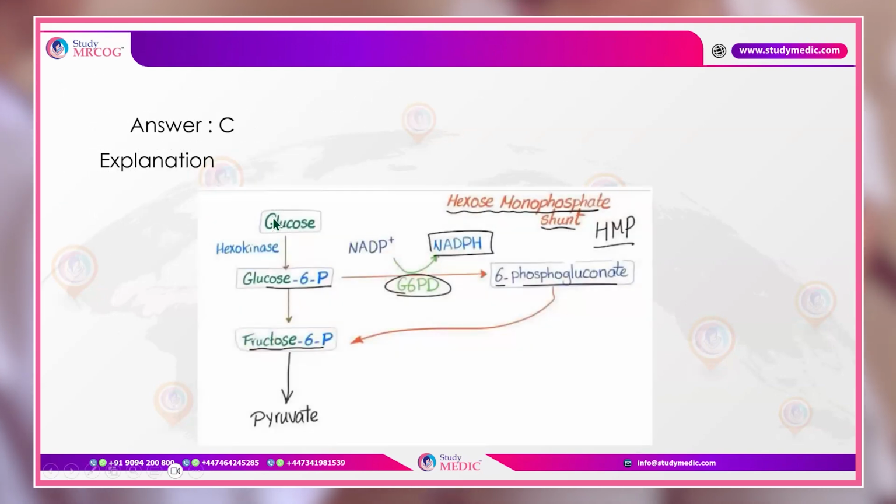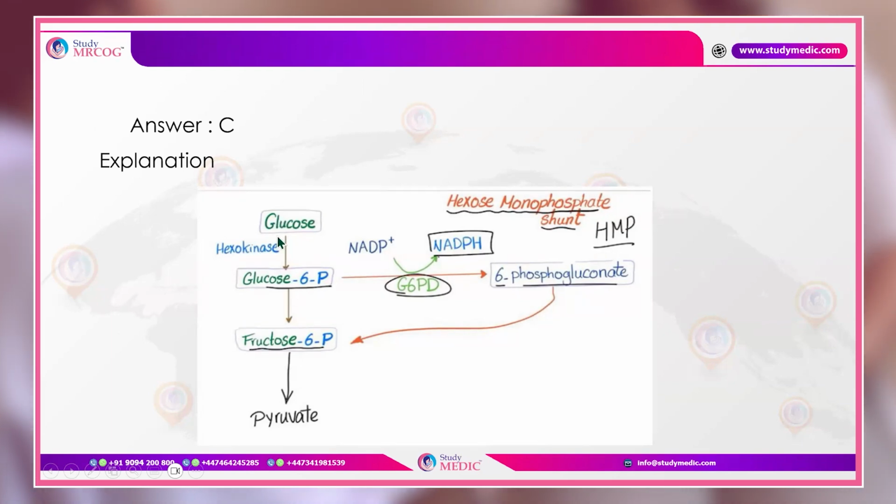You can see this is the HMP pathway product. Some 10% of glucose, when the person is in a well-fed state, is converted to glucose 6-phosphate by hexokinase, which is shunted to the HMP shunt pathway. G6PD will help in production of NADPH as a cofactor, and the other product formed from glucose 6-phosphate is 6-phosphogluconate.